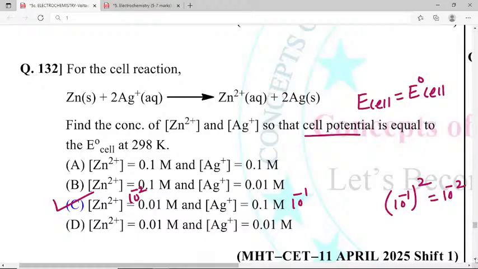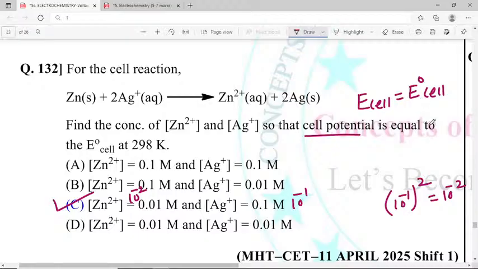The Ag concentration is 10 to power minus 1, therefore 10 to power minus 2, because there is a 2 times.